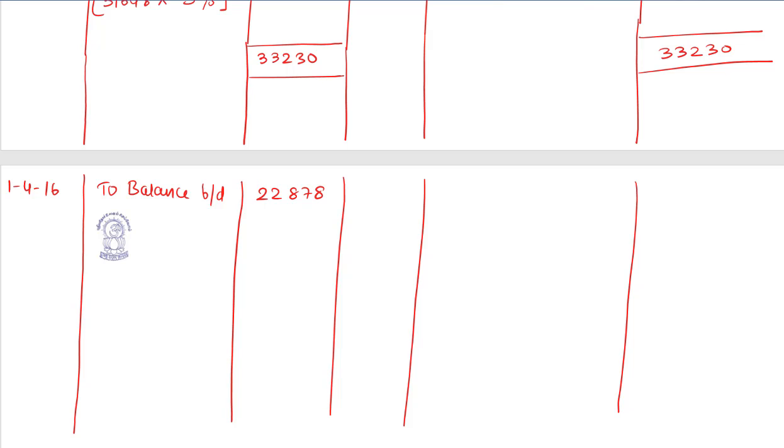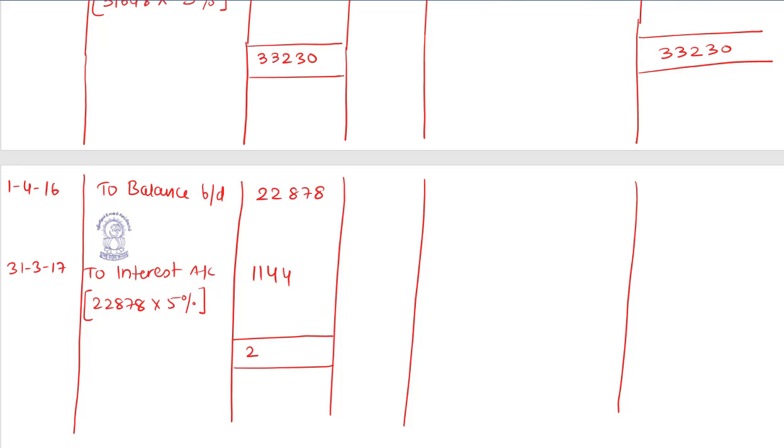We need to calculate interest on this figure. So 31st of March 2017 to interest account, 22,878 multiplied by 5%, which comes to 1,144.